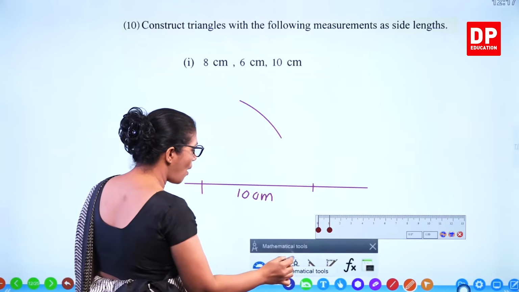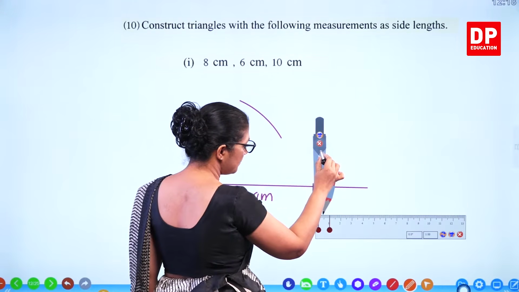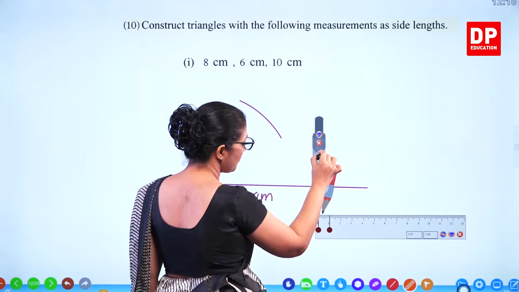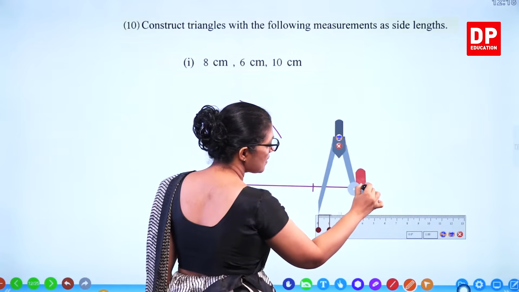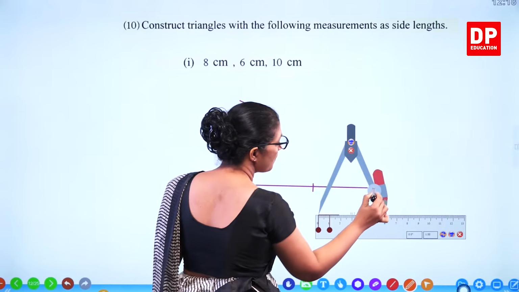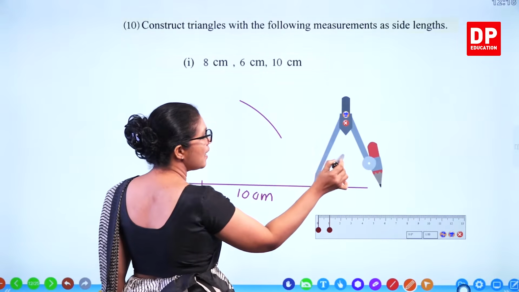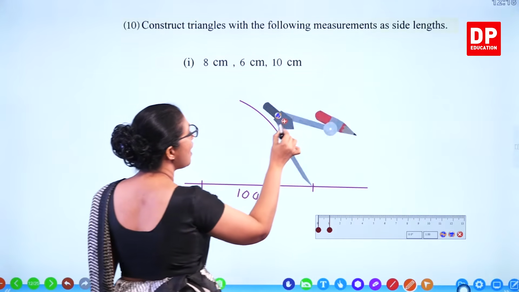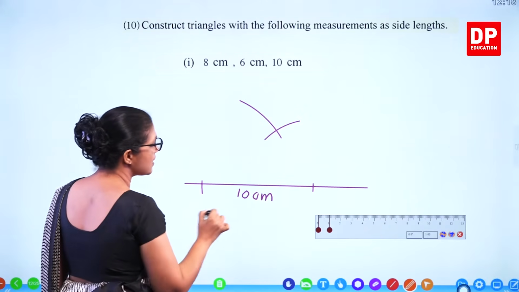So we'll take the compass and draw 6 centimeter length, and then we keep it on top of the other point and draw the other arc so that you get the intersecting point.